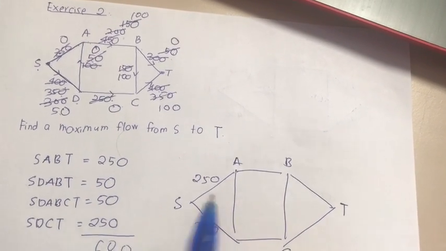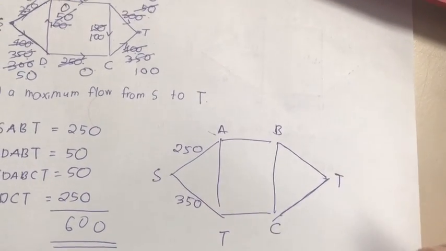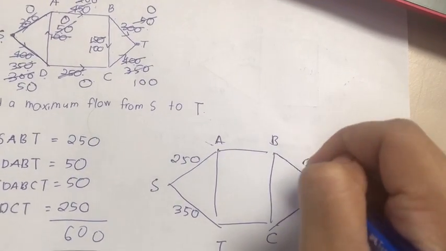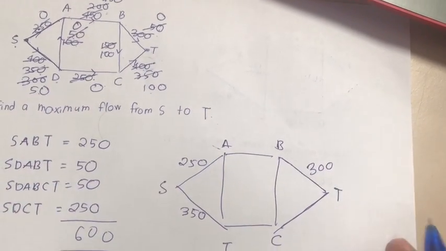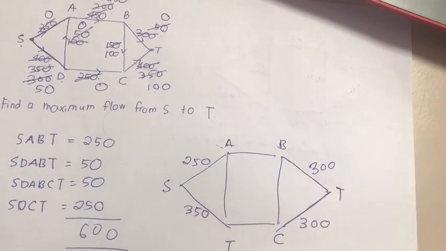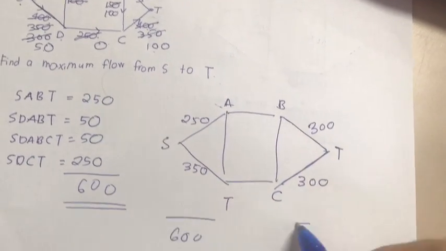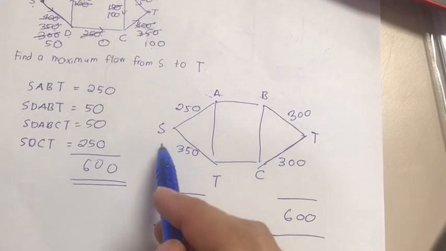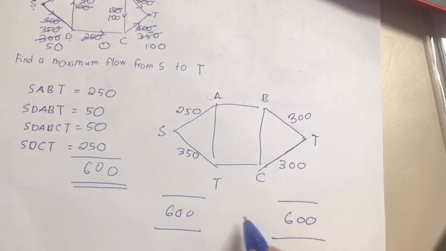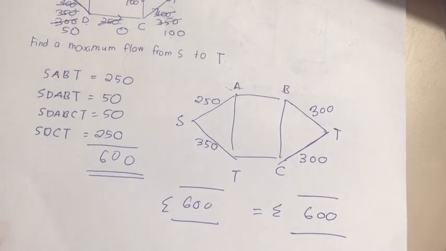And for here 300 minus 0, we get 300. 400 minus 100, we get 300. Totaling this up, we got 100. Totaling this up, we got 100. So the capacity in and out is the same. Okay, that's all from us. Thank you.